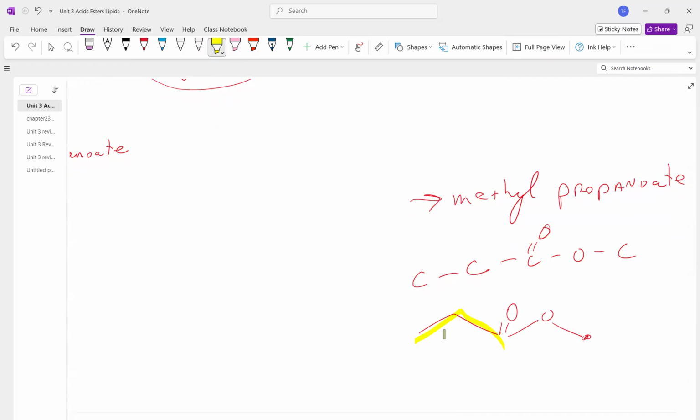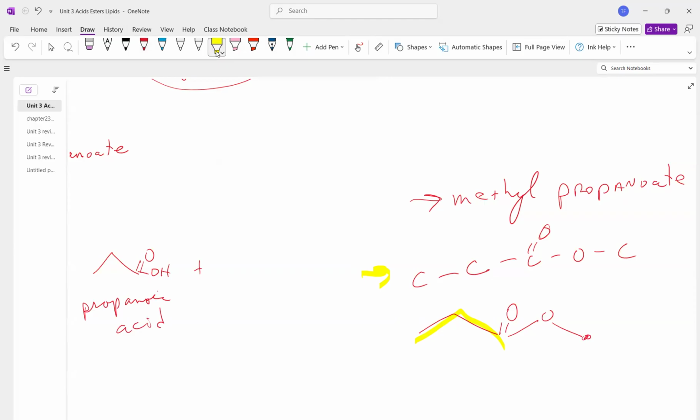That means we start with the 3 carbon acid, propanoic acid.